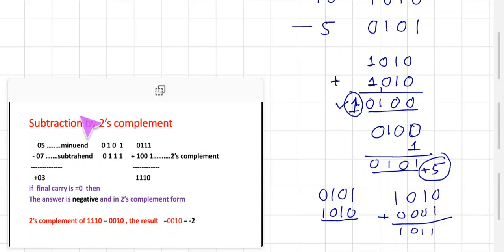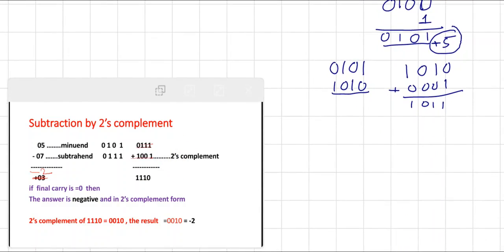So here is another example. Now 5 minus 7. Obviously the result will be minus 2. Similarly we are taking the binary numbers. Sorry, there is a mistake here.